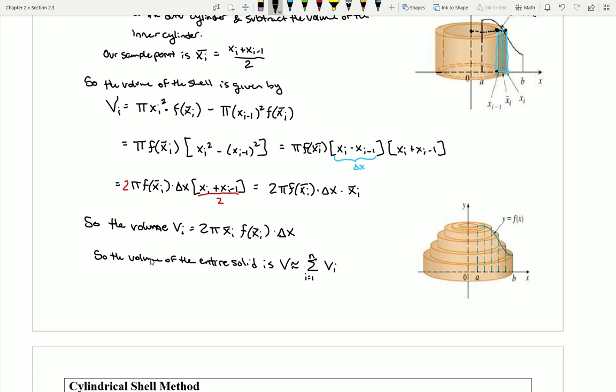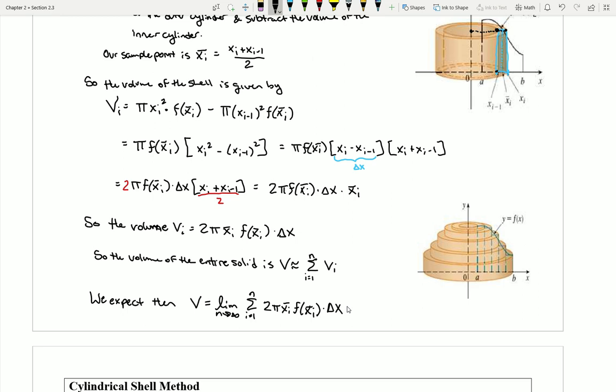And so we would expect then that if I was to put a limit on this, so that I don't let myself use just maybe 10 of these shells or 50, but I let the number of shells go off to forever, then if I'm going to replace VI here with what it's equal to, this would actually represent the entire volume that I'm going to end up with.